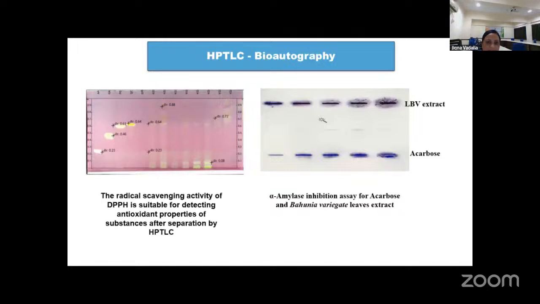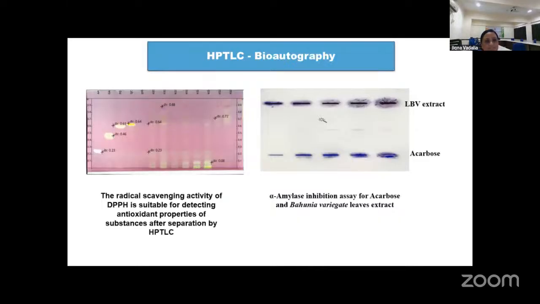So alpha amylase inhibition assay, alpha glucosidase inhibition assay, and many other enzyme assays we can perform on the TLC plate, and we are able to identify the specific compound that is responsible for the inhibition activity. So we can directly identify the compound responsible for any of the activity.